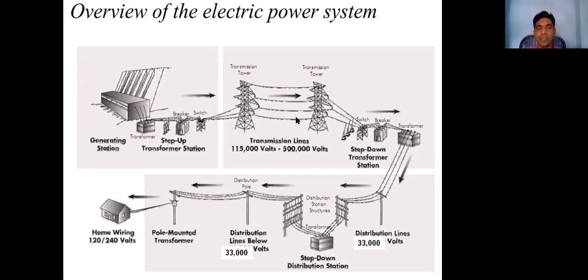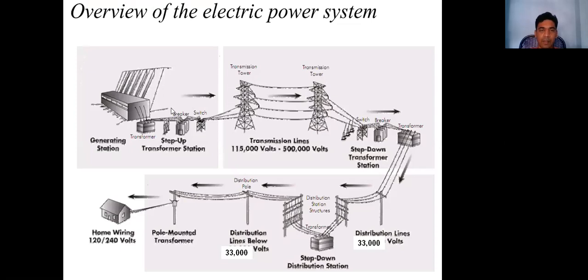These are the transmission lines, and this high voltage is stepped down to the distribution transformers, and these distribution transformers receive around 33 kV. Now this 33 kV is stepped down to 11 kV and 440 volts, single phase 230 volts.